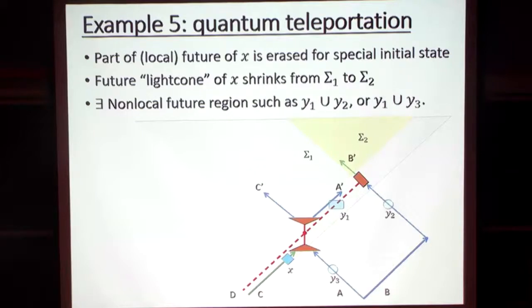So teleportation is really, you didn't add anything to the future light cone, but you remove something from it. For example, if you take regions Y1 and Y2, they are both outside the future light cone of X. They are not in the future of X, but the union of them is in the future of X, because of course, if you know both, you know the state of X. So this is another example where you have non-local causal structure.